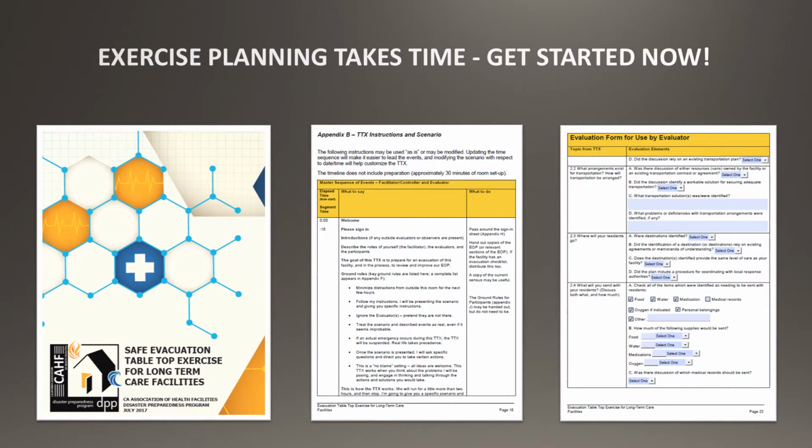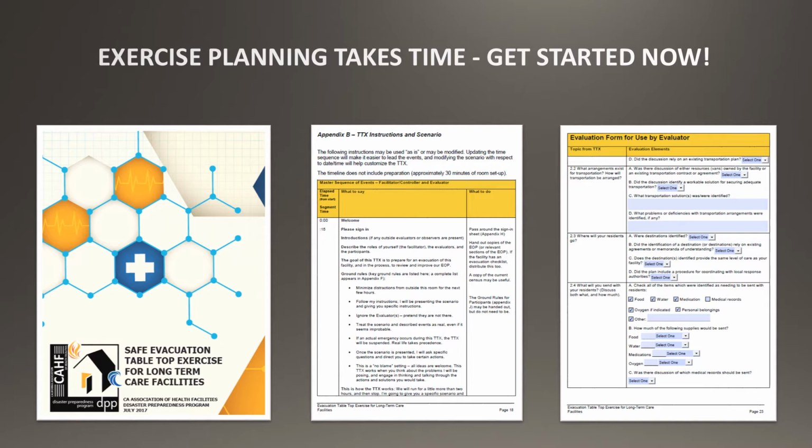Before Courtney starts, I just want to make a point. Many counties or healthcare coalitions will have tabletop exercises in the lead up to the statewide medical health exercise. If you participate in those, you can use that as your tabletop exercise.